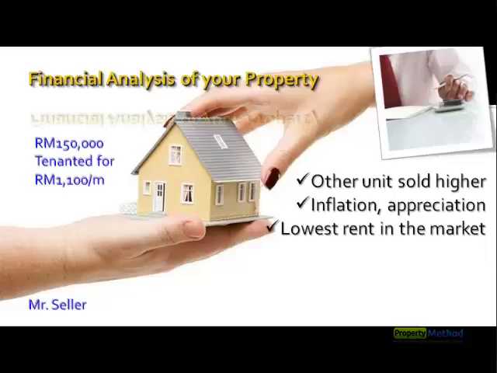Or his rent is the lowest on the street, and next year when we own the apartment, we will be able to increase our income by at least maybe 10%. Or Mr. Seller can produce paid bills showing that he has spent over maybe 15,000 on renovation last year. So based on all these reasons, he may have overpriced the property to us.